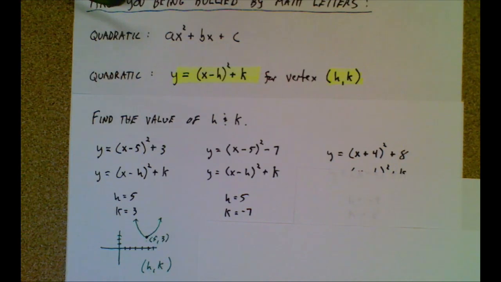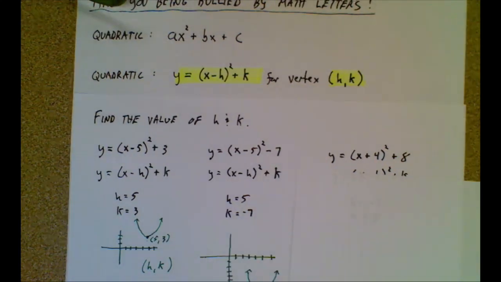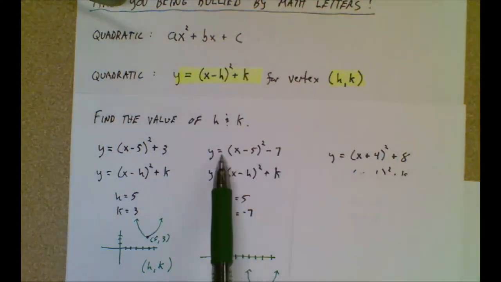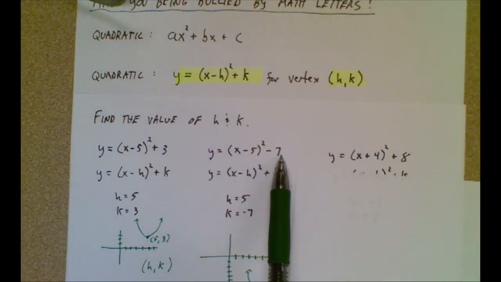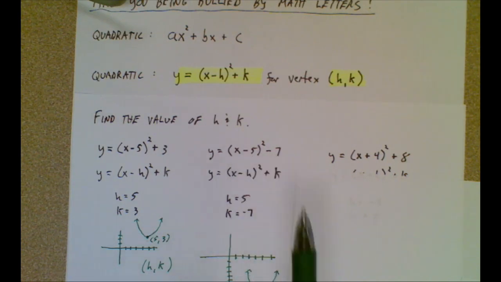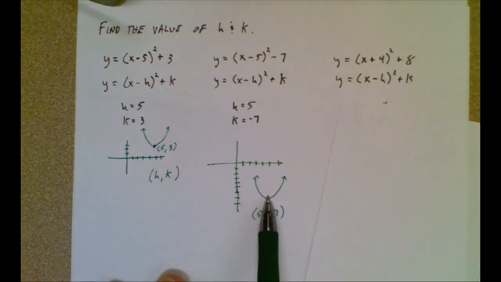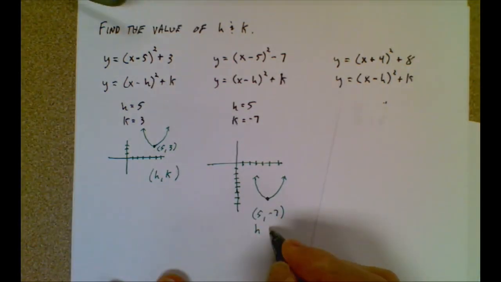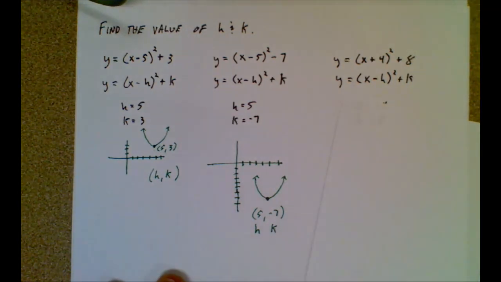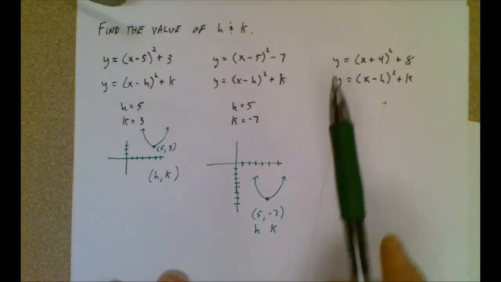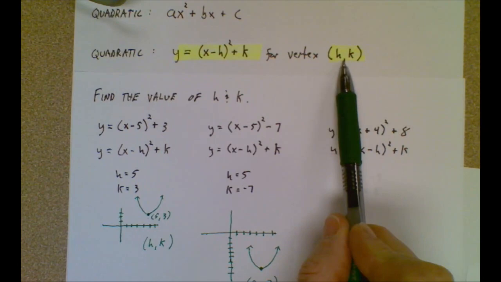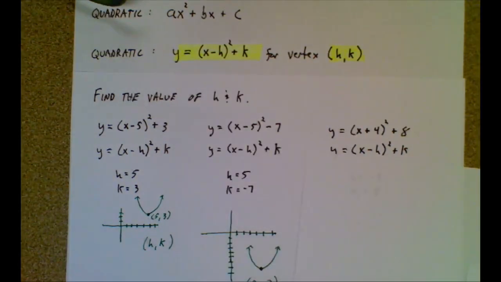You would not say k is 7, you would say k is minus 7. And if I were to look at this as a translation, it would be right 5 down 7. There's my vertex, and my vertex is h and k. H and k is the vertex that goes into there.